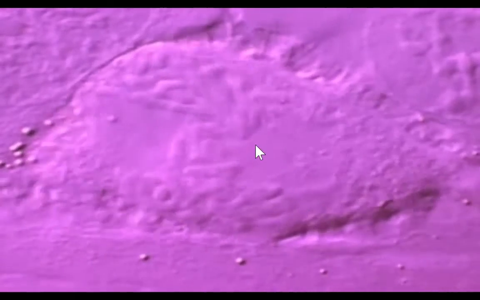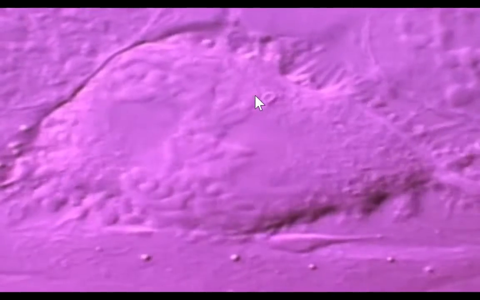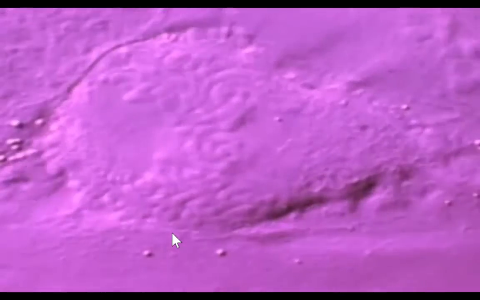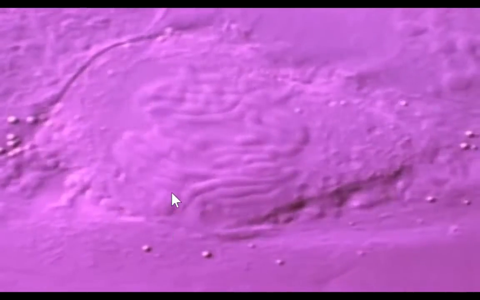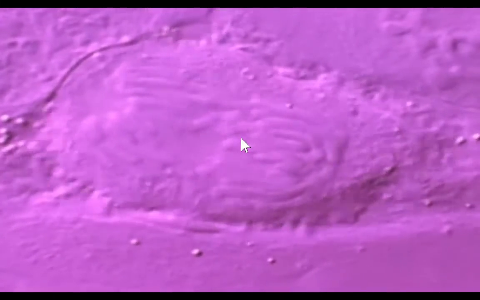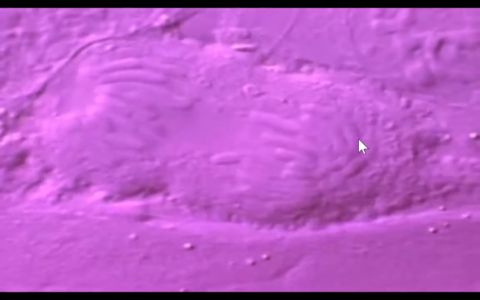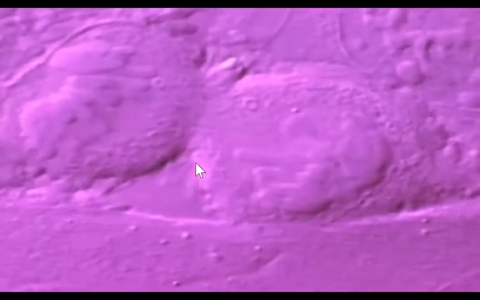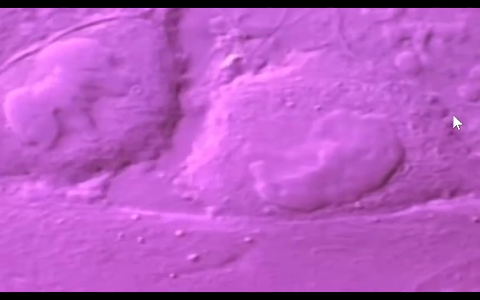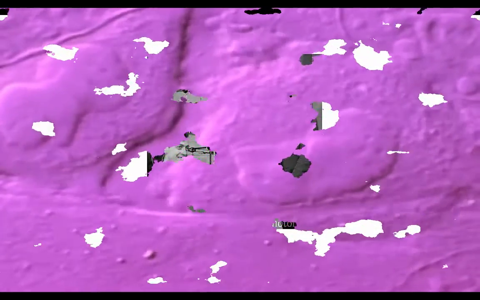So in the cell division stages, we can even see those chromosomes under the light microscope. Two copies of the chromosome are aligned in the middle of the cell, and then they move to each end of the cell. Now this is the centrosome for each new cell. And then the cell divides into two daughter cells.